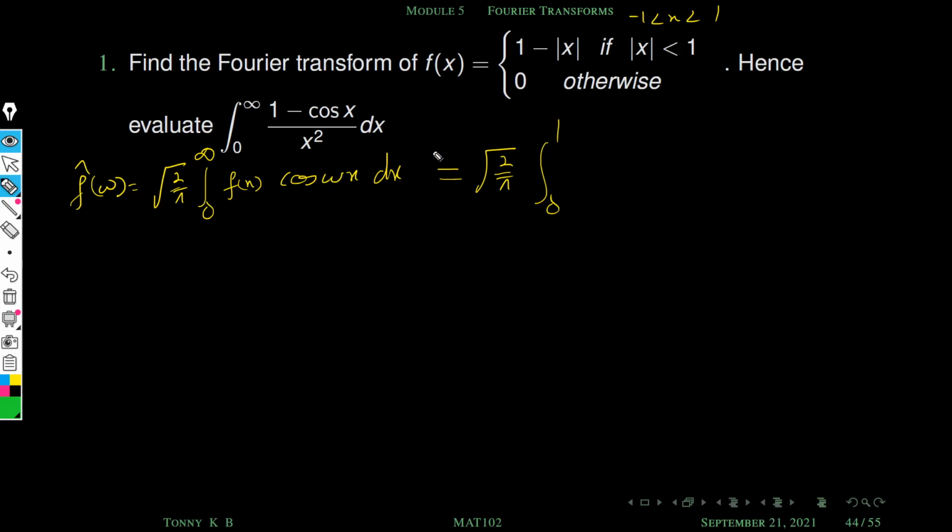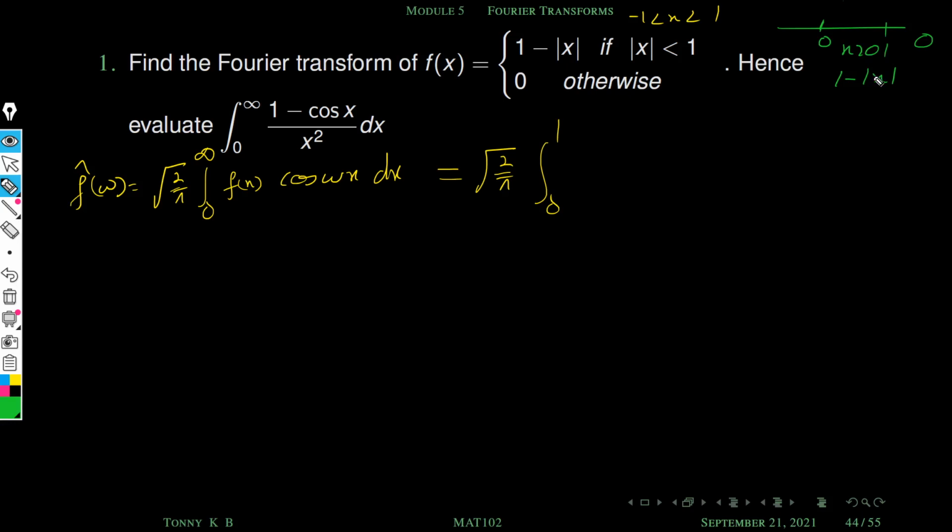And also it is clear that this function exists in the interval minus 1 to plus 1. Our range of integration is 0 to infinity, and in that range our function is non-zero only in the interval 0 to 1. After that our function value is 0. That's why we consider the integral 0 to 1. So in 0 to 1, what is our function? The function is 1 minus mod x, but in this range x is positive.